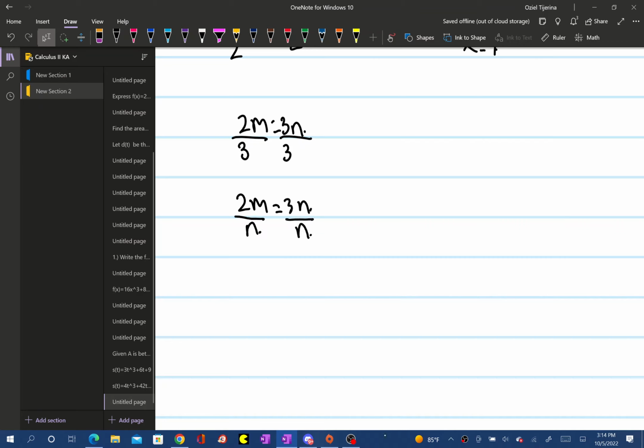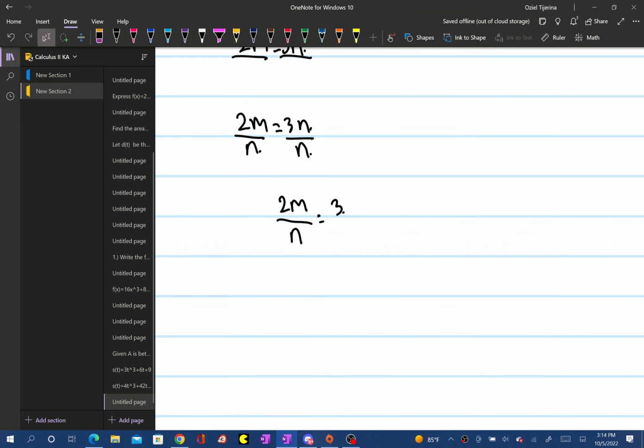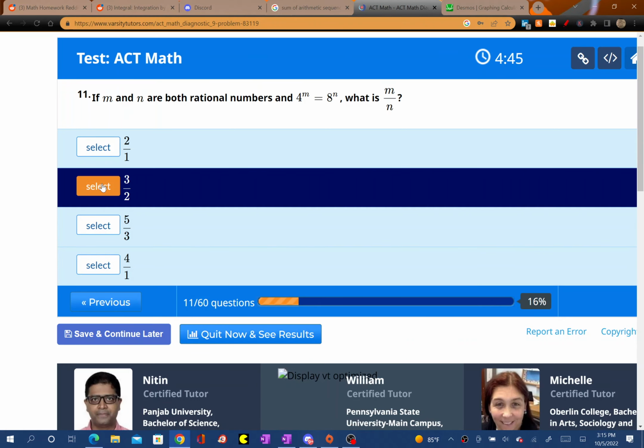We have 2m over n equals 3, meaning that if I multiply by 1/2 here, that means that m over n will be 3 over 2. So it's not 2/3, it's 3/2.